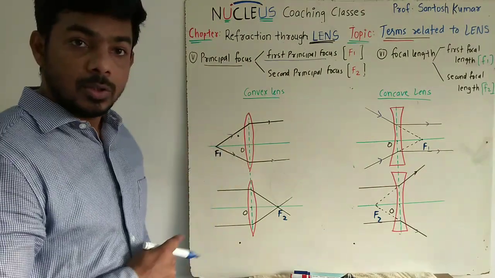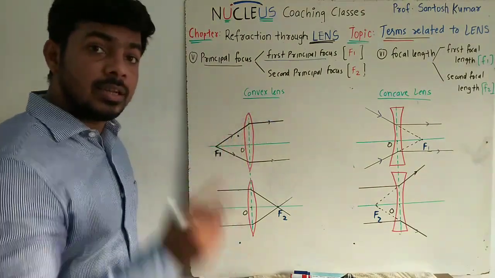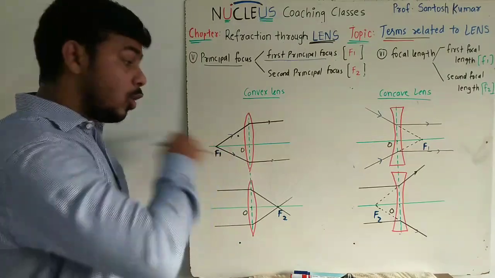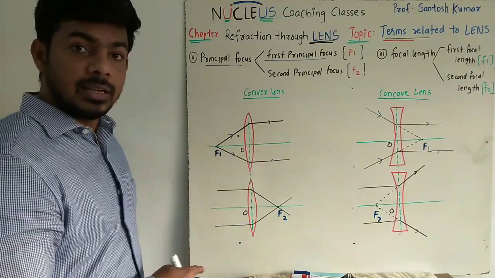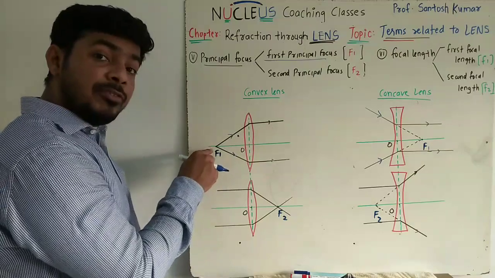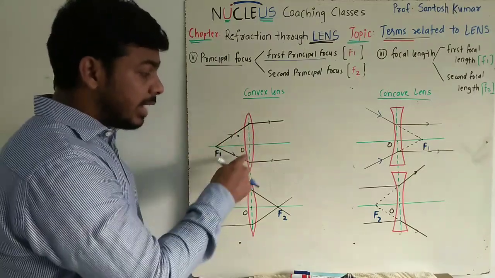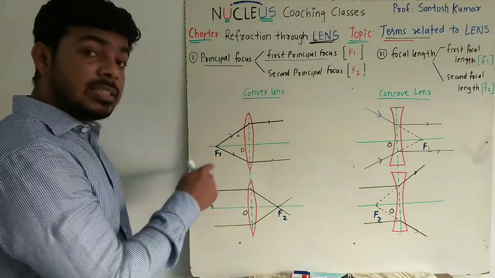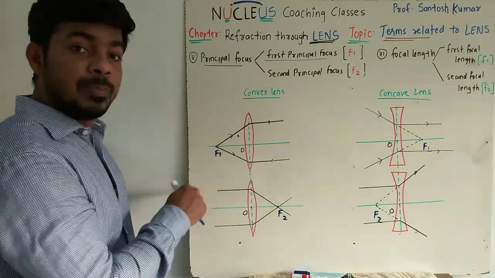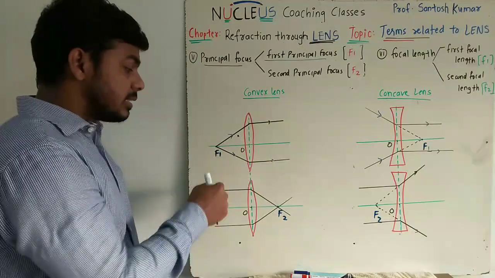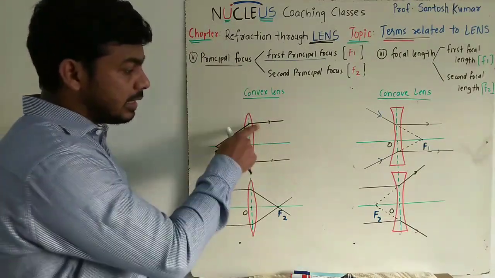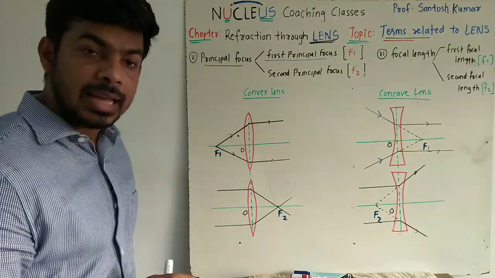So remember, for convex lens, first principal focus is that point on the principal axis such that the rays coming from it, after refraction through the convex lens, travel parallel to principal axis.